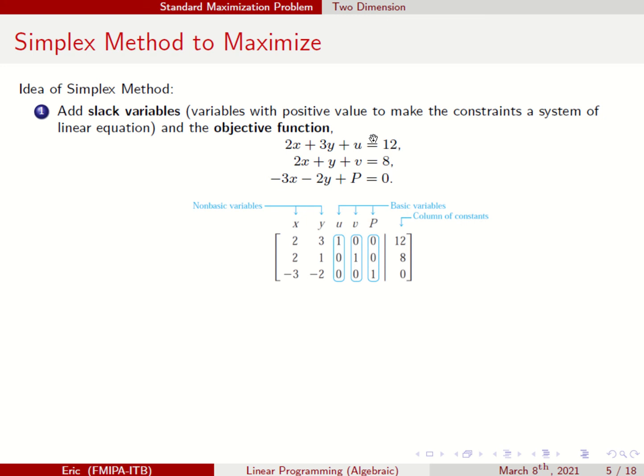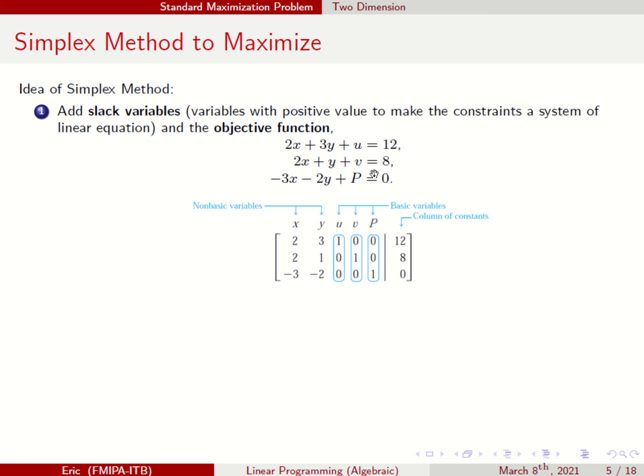Why? Because in the last session, we talked about how to find a solution of a system of linear equations. Yes, we can. But if we still have the less than or equal inequality, we cannot do anything about that.